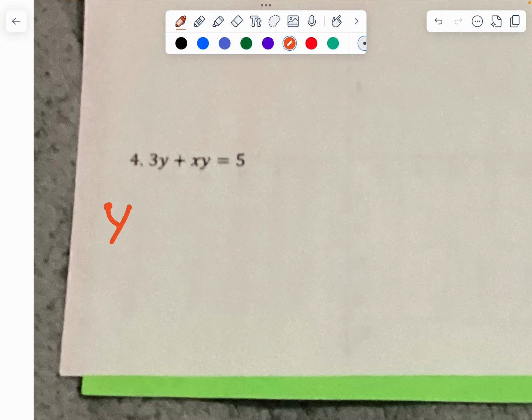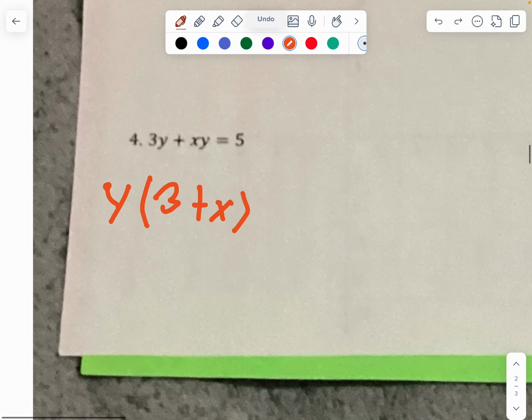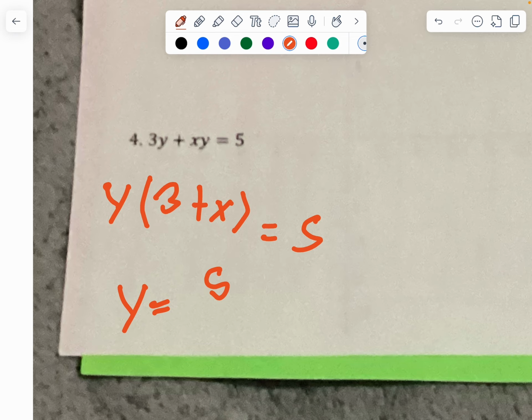So it's going to be y times 3 plus x. Because think about it, y times 3 is 3y, you get that, and x times y is xy. So you're just pulling the y out, really. Equals 5. And now it's really easy. y equals 5 divided by 3 plus x.